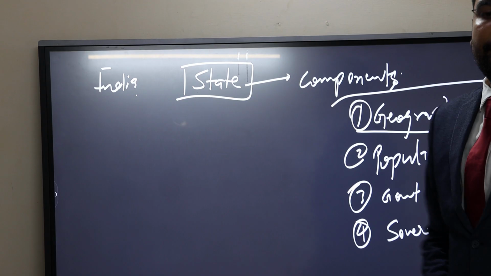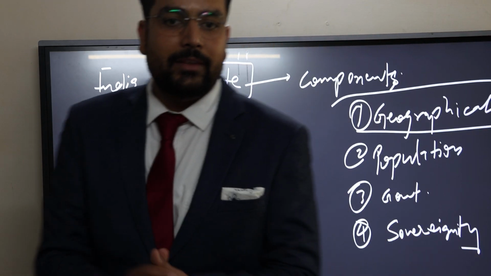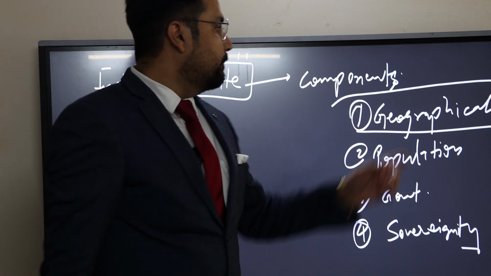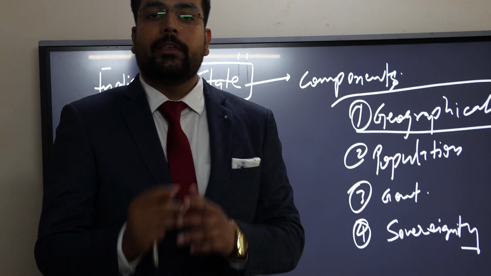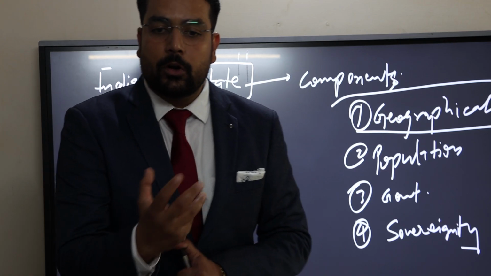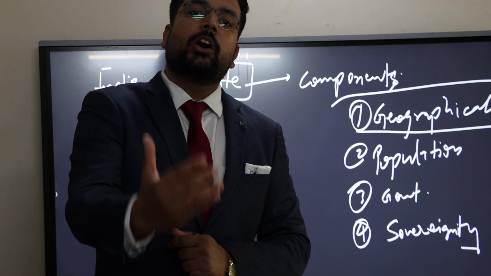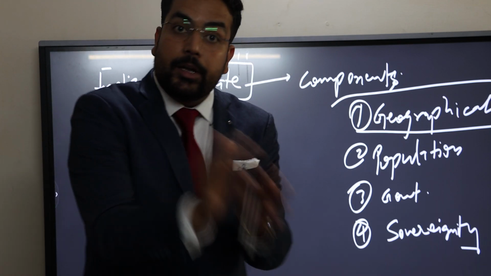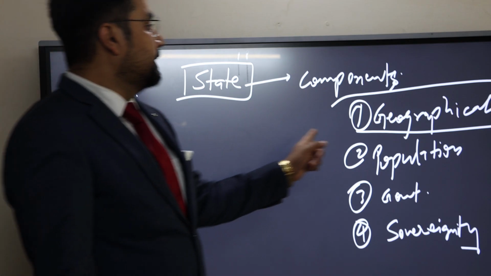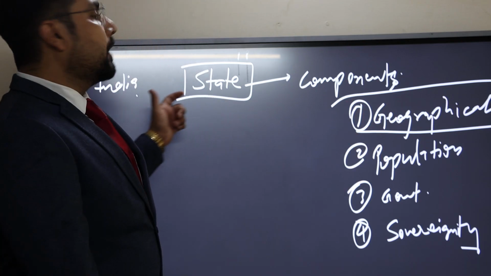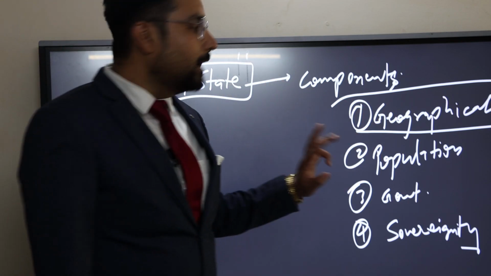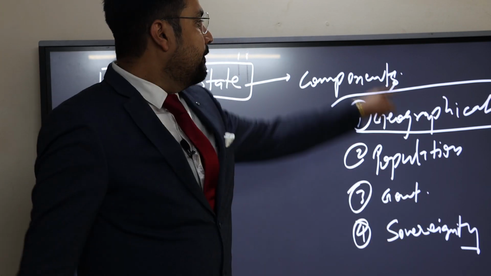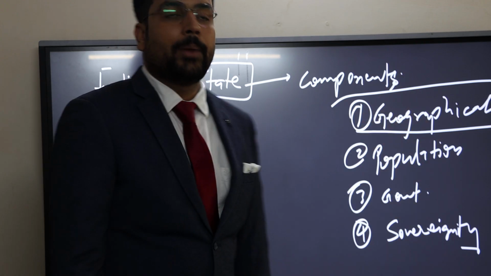Geographical territory means the extension of a country. For example, when we talk about India, the geographical extension of India would be the geographical territory, or the possession of the government of India over a particular and definite geographical area. The second is population, which is required for a country like India to become a state, and population means those people who are residing within the geographical territory of a particular country.